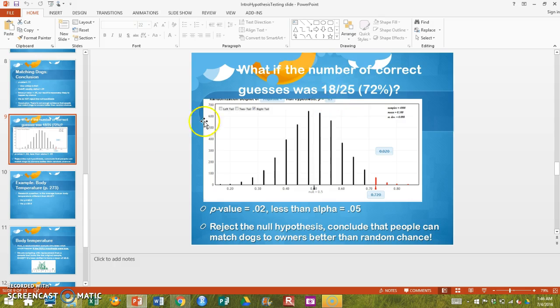So again, if it's 18 out of 25, that reduces the likelihood of obtaining this observed result or more extreme, assuming the null is true, to 2%, 0.02. And we reject the null hypothesis and say, yeah, we've got evidence that dogs can be matched to their owners. So that's this example of a single proportion.